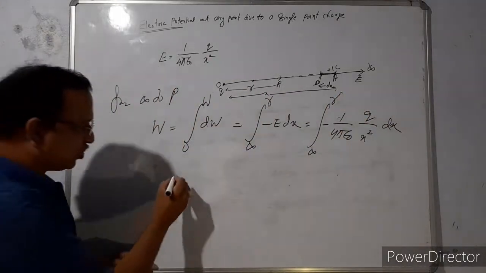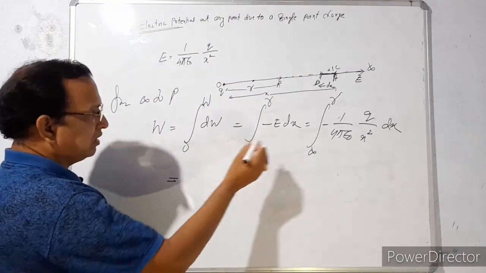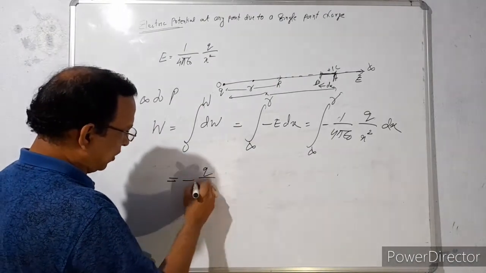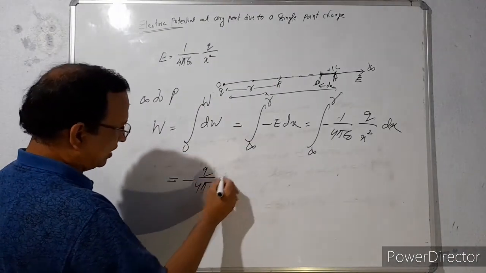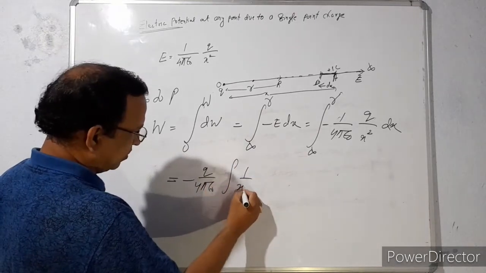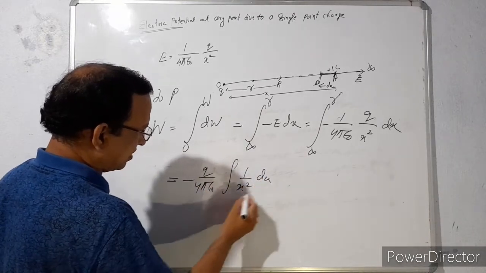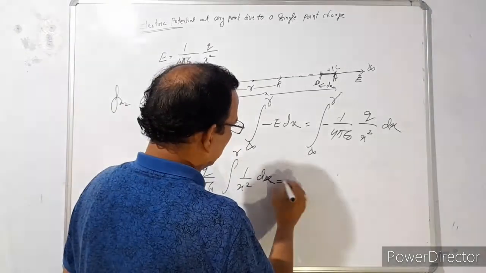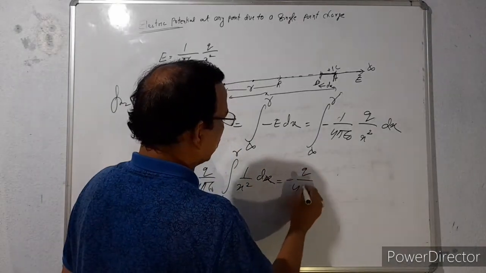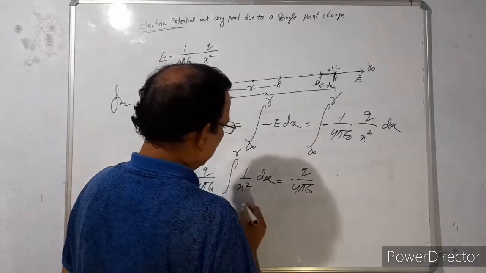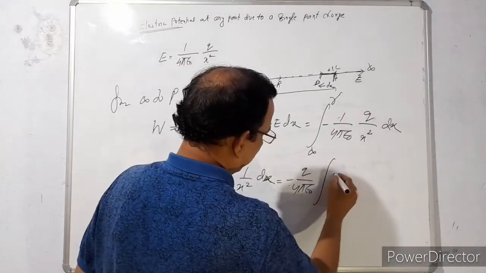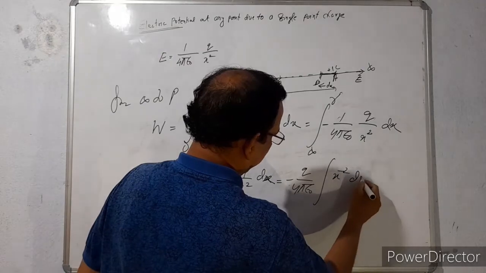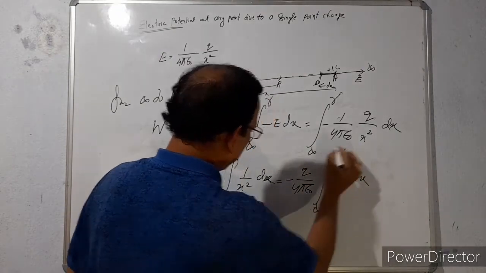Clear? So that is equal to minus q by 4 pi epsilon naught outside, then integrate 1 by x square dx from infinity to r. That is minus q by 4 pi epsilon naught, integral of x to the power minus 2 dx from infinity to r.